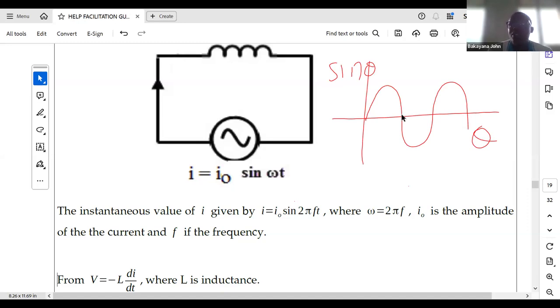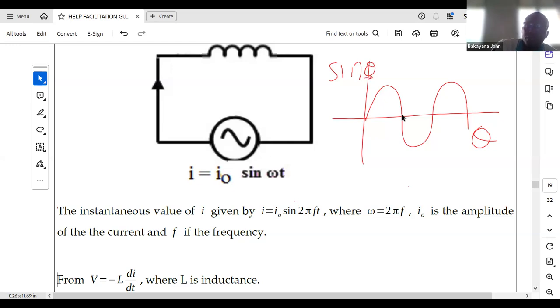That's why it is called a sinusoidal current, meaning that when you plot the values of sine angle against angle, you come up with an expression like that.